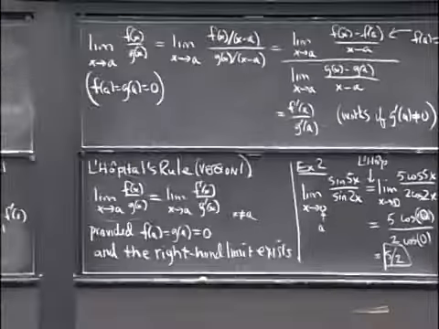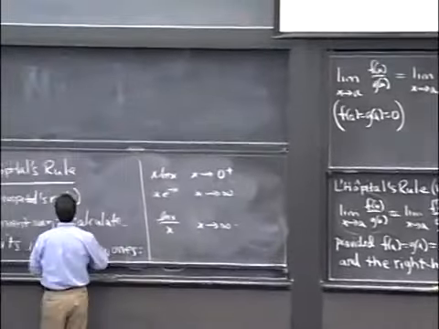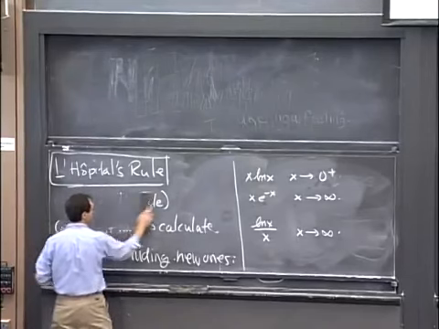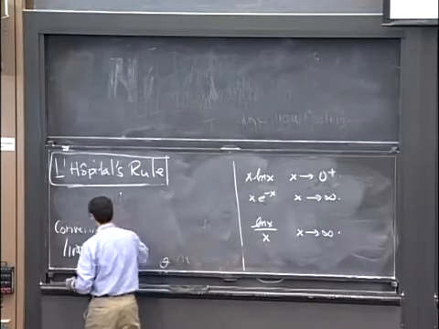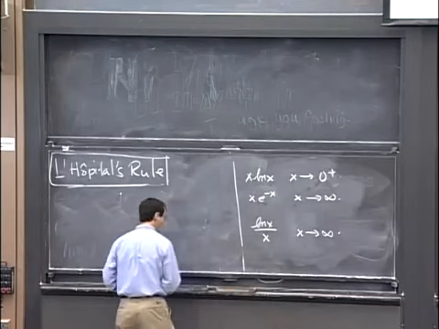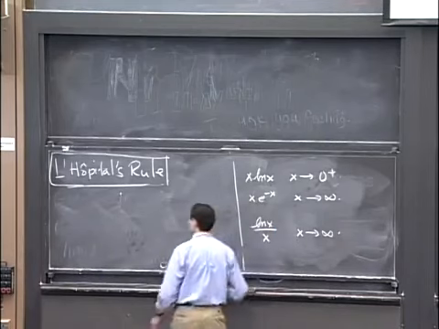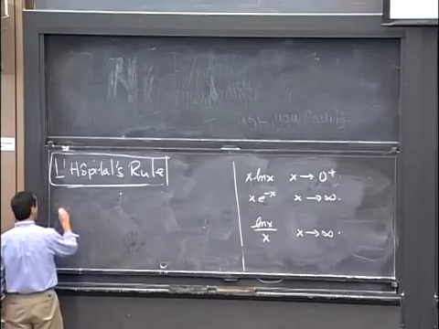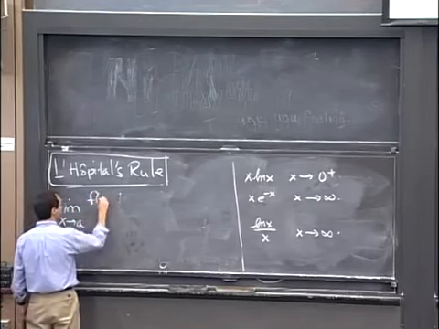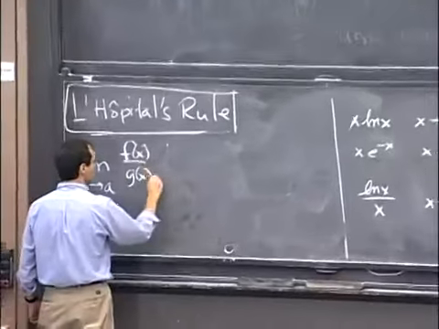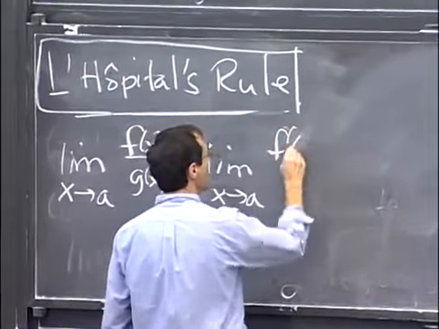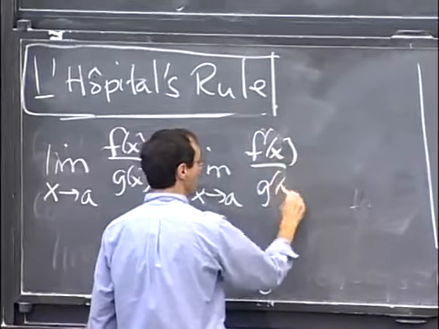So now we're going to do L'Hopital's rule over again. And I'll handle these functions, but I'll have to rewrite them. All right, so here's the property: the limit as x goes to a of f of x divided by g of x is equal to the limit as x goes to a of f prime of x divided by g prime of x.